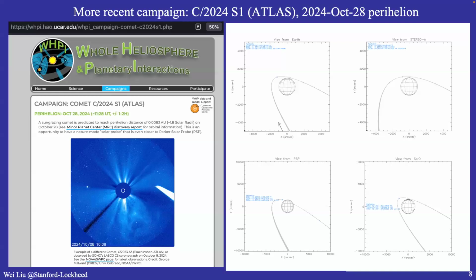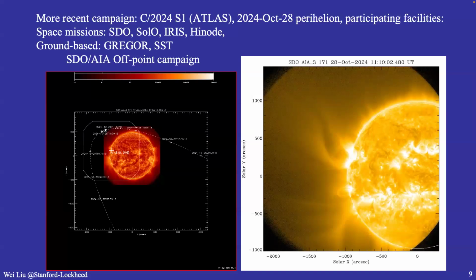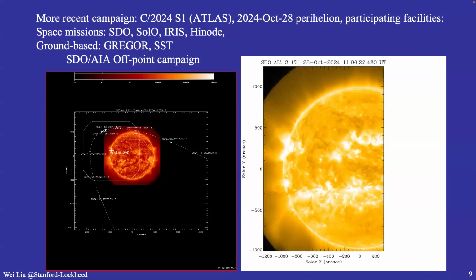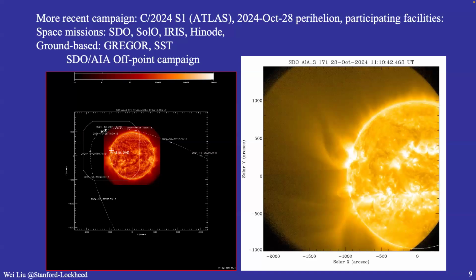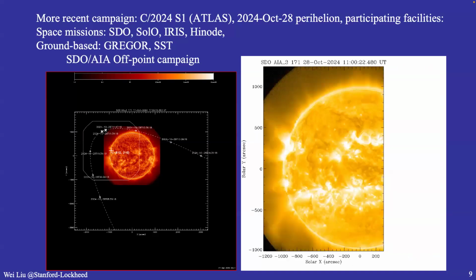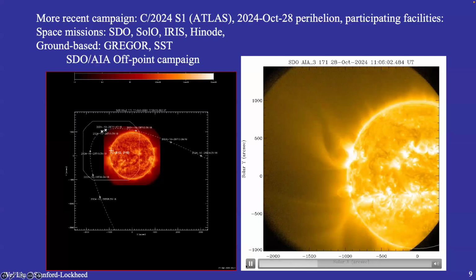We energized the community to do some very interesting campaigns with very short notice. This is one example we did with SDO. We off-pointed the SDO spacecraft by roughly half a solar radius from its nominal pointing, and on the right-hand side is the movie showing the result.